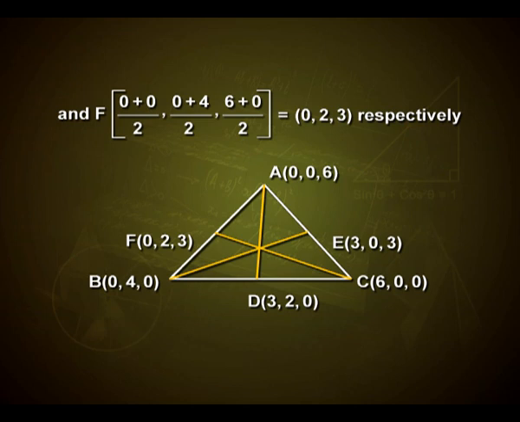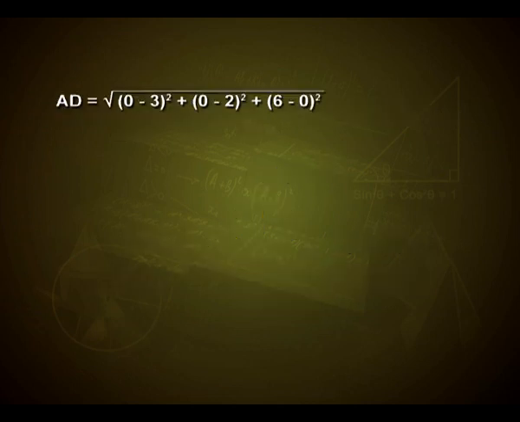Now, we also will calculate the length of the medians, namely AD, using distance formula, that is square root of (0 minus 3) whole square plus (0 minus 2) whole square plus (6 minus 0) whole square, that is equal to square root of 9 plus 4 plus 36, which is equal to 7.